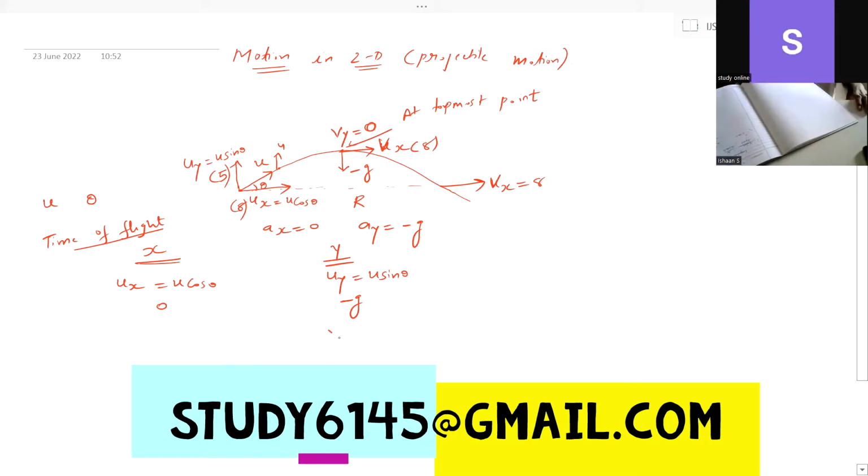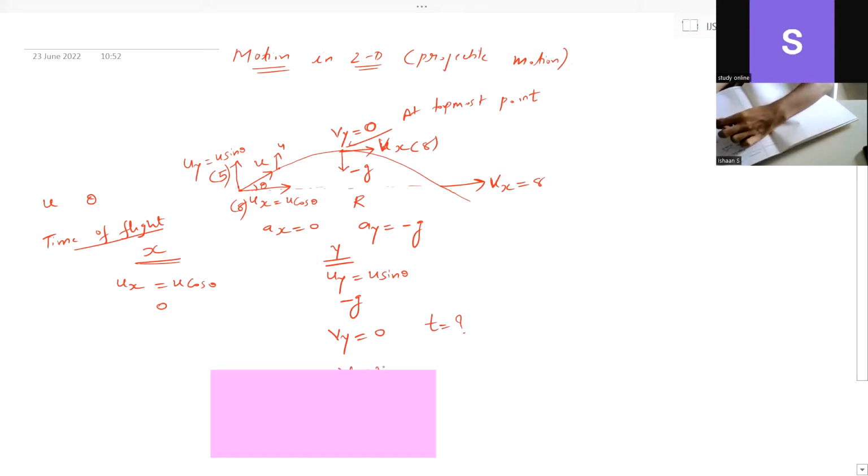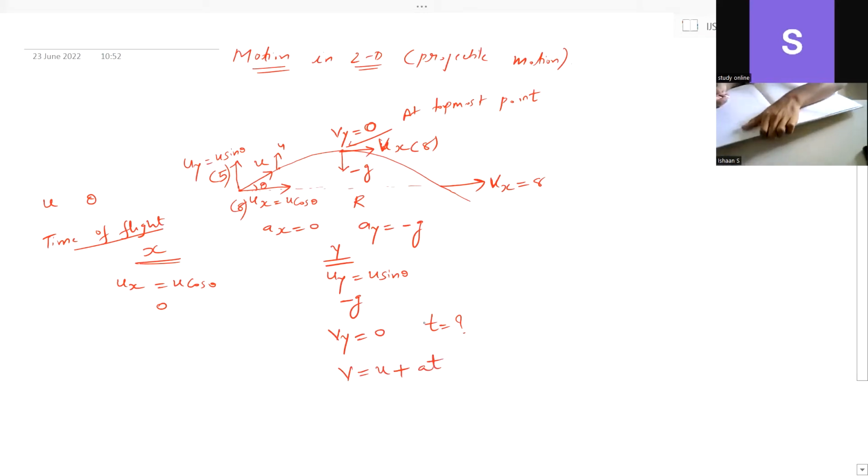At the topmost point Vy will be equal to 0. When we consider the y direction, we have many things, and t is the question mark. So which formula will you use? V equal to U plus at. Just apply this and get the value of t.